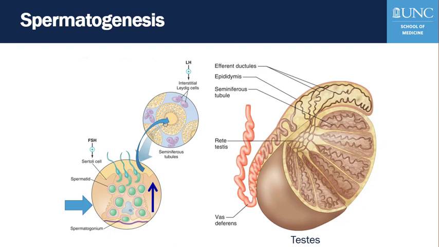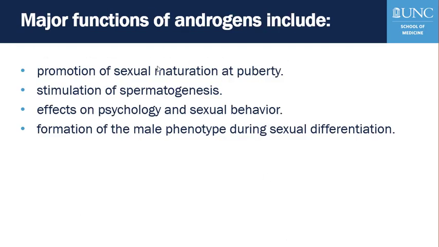So the spermatozoa are then released into the lumen of the seminiferous tubule, move through the seminiferous tubule, and we're going to follow them through the testes and see where they end up. So they go throughout the seminiferous tubules, enter into the rete testis, then they move into the epididymis and down into the vas deferens.